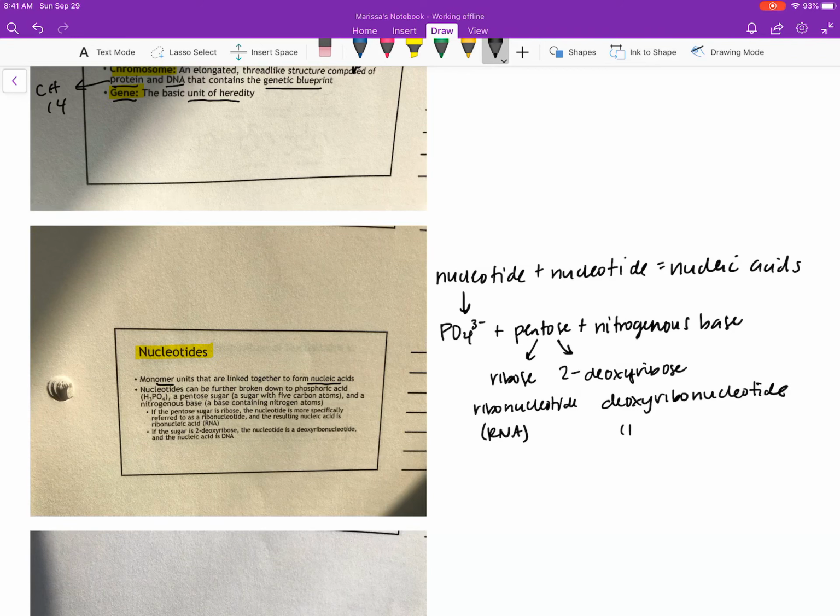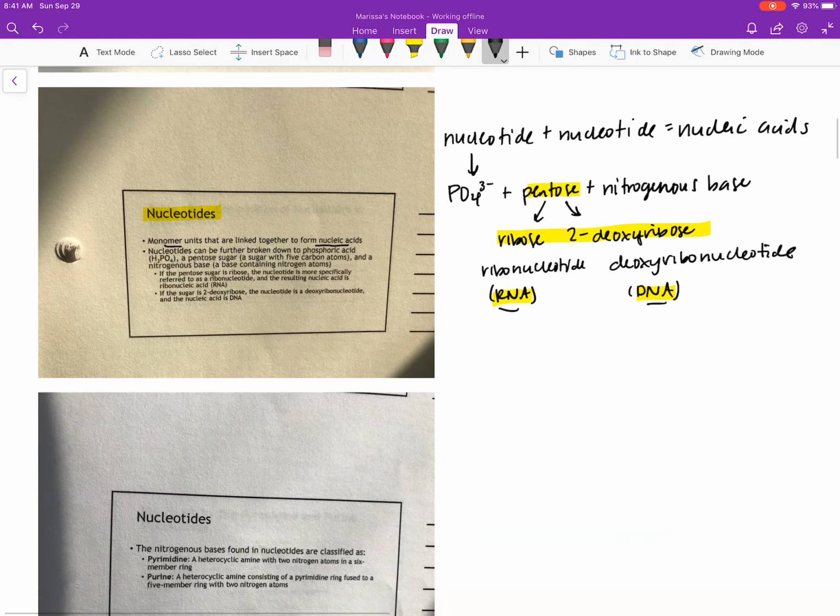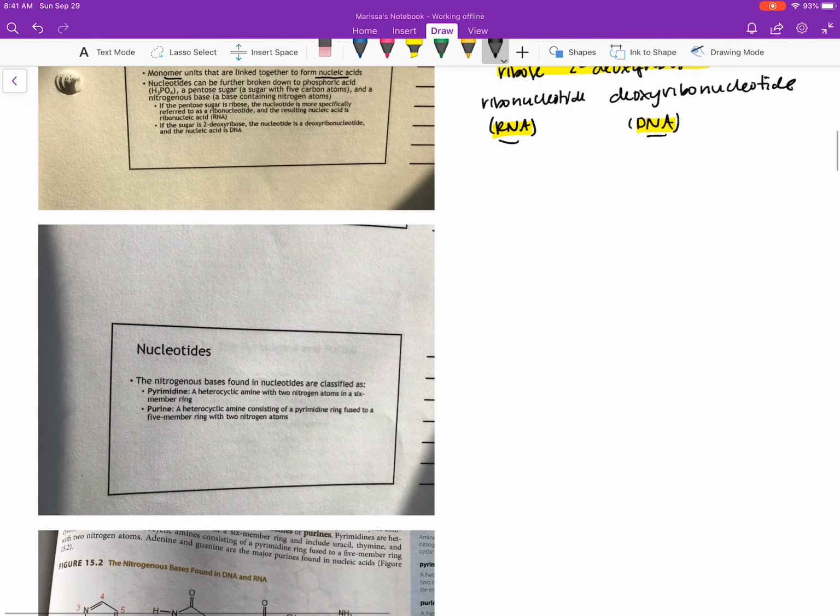And this nucleic acid becomes DNA. So that's the difference where the RNA and the DNA come from, because of the different types of pentose sugar. Otherwise, they both have a phosphate group, and they're both going to have nitrogenous bases. It's the sugar that's going to make them distinct.